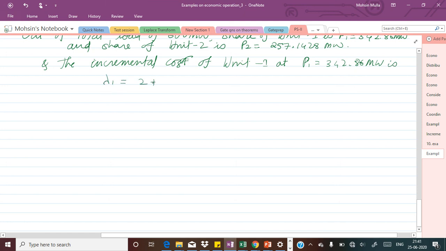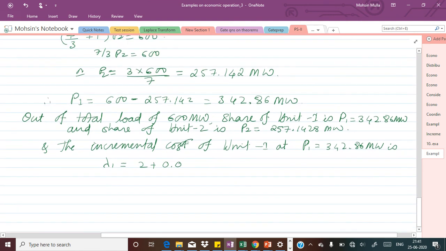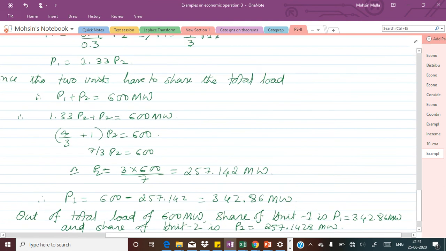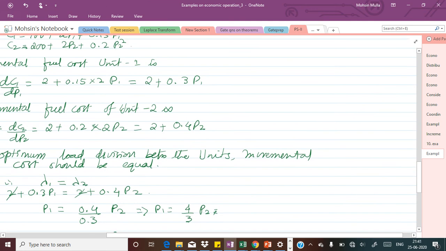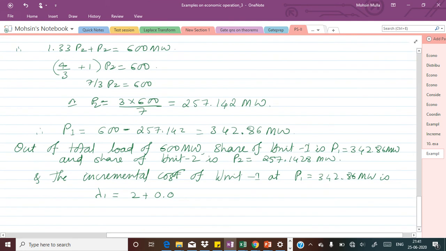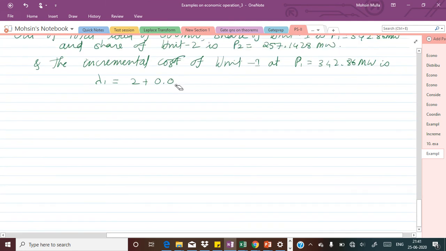The expression is lambda 1 equal to 2 plus 0.3 P1, so 2 plus 0.3 into the P1 value 342.86.